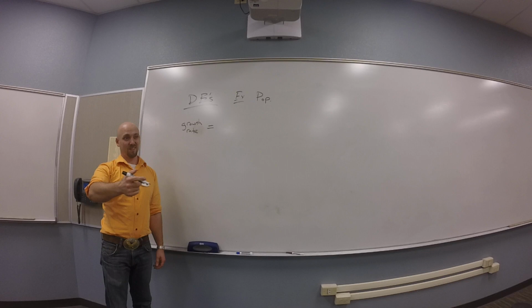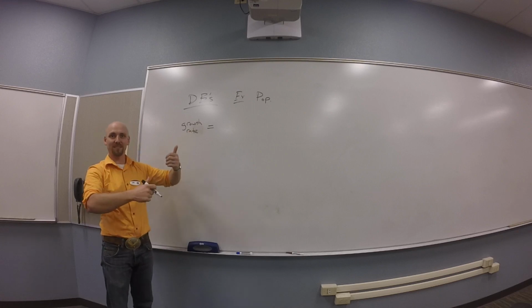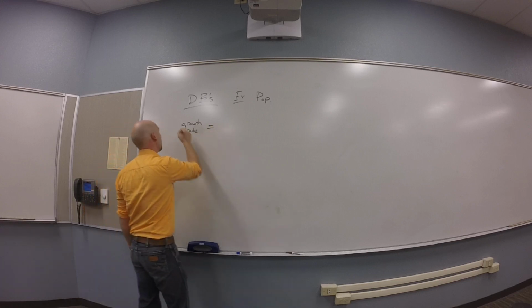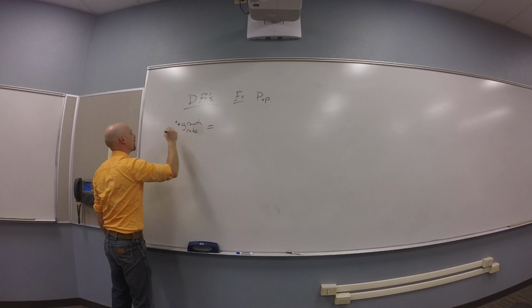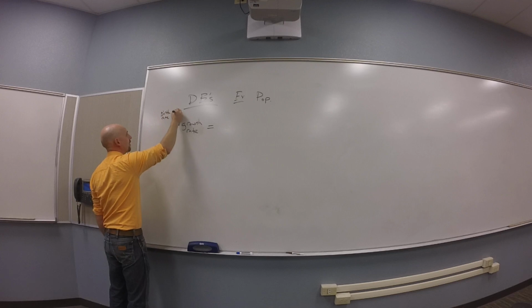Doesn't it depend? Yeah, it does kind of depend. There's a birth rate and a death rate, right? As long as the birth rate exceeds the death rate, the growth is positive. So that's one reasonable thing I could write here. The growth rate is really like the birth rate minus the death rate.